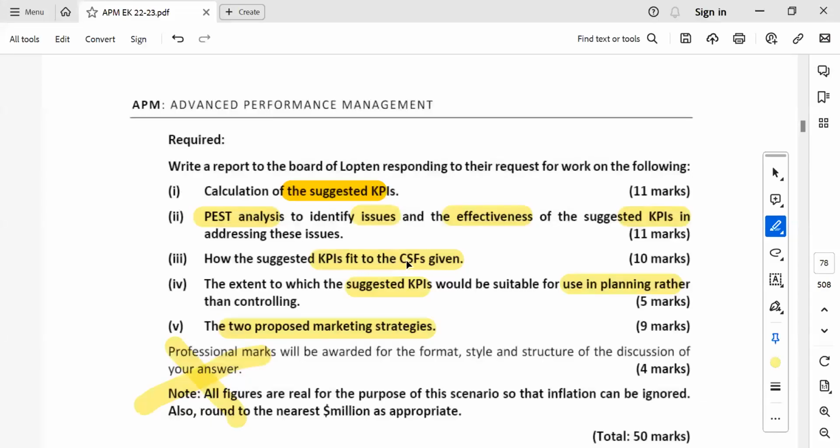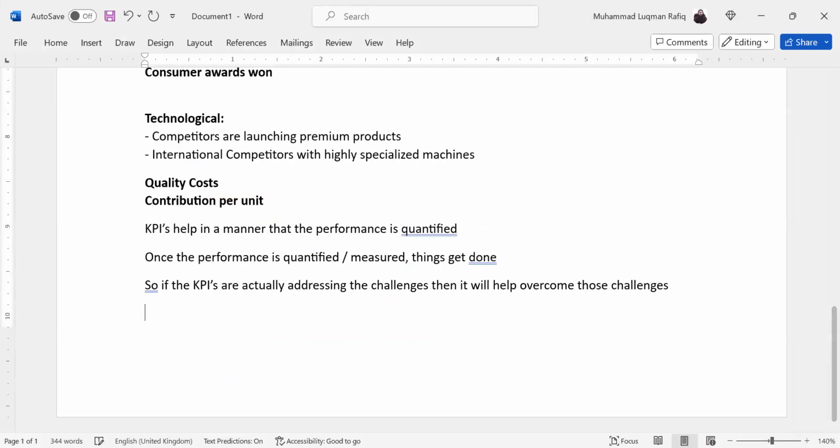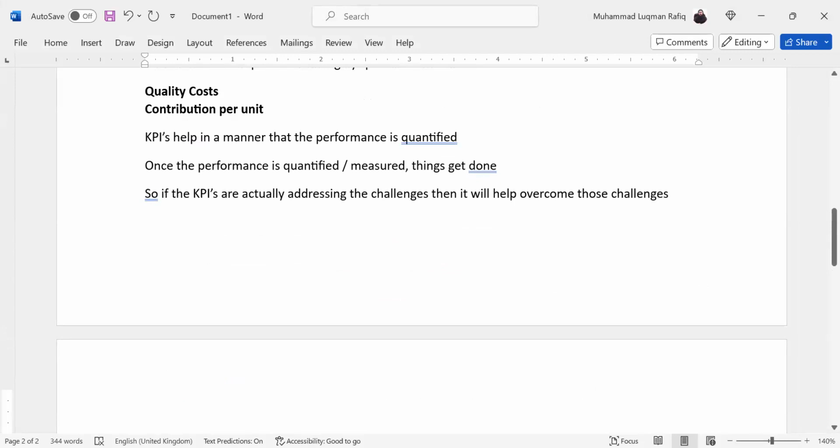Now, how do the suggested KPIs fit to the CSFs given? So now what you need to do is select these KPIs and suggest how they meet the CSFs given. So what are the CSFs that are given?